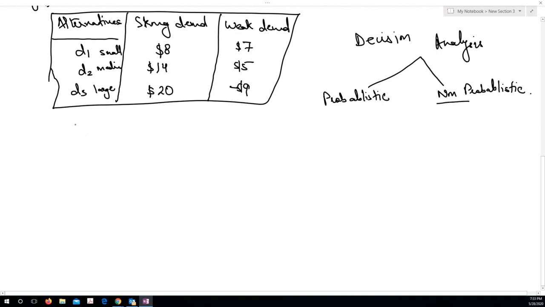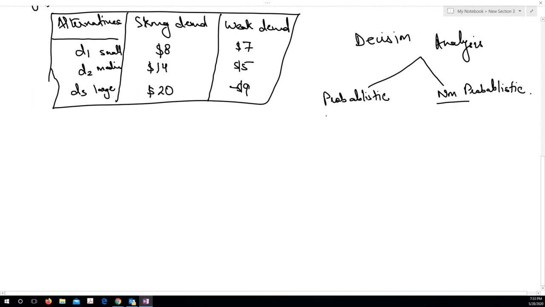So if we don't have any probabilities of the future, or we don't know what the future will look like, or there is no data which can tell us, we can use this method. The probabilistic way is dependent on data, and this is how decisions are usually made in real life.